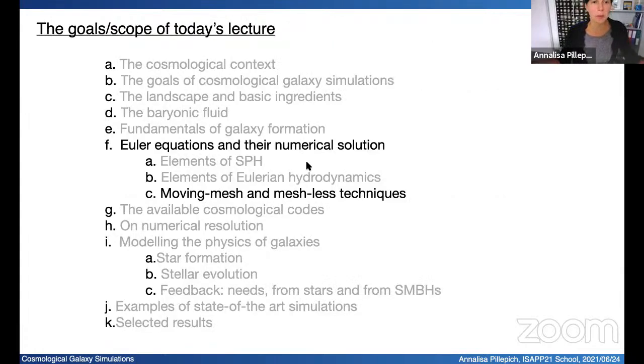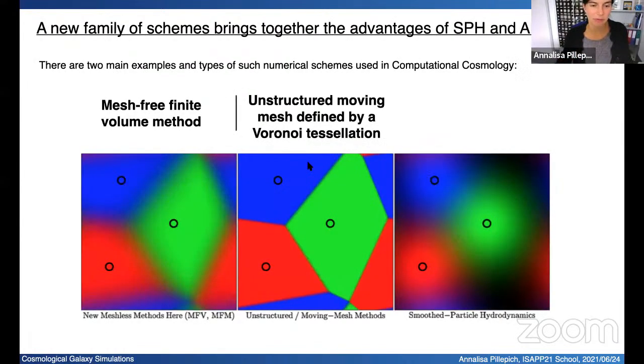And now we come to the convergence of these two types of numerical schemes, which are moving mesh volume methods or unstructured moving mesh methods. These are just visual representations of meshless separation, discretization of volumes, unstructured volumes, as compared to smoothed particle hydrodynamics.